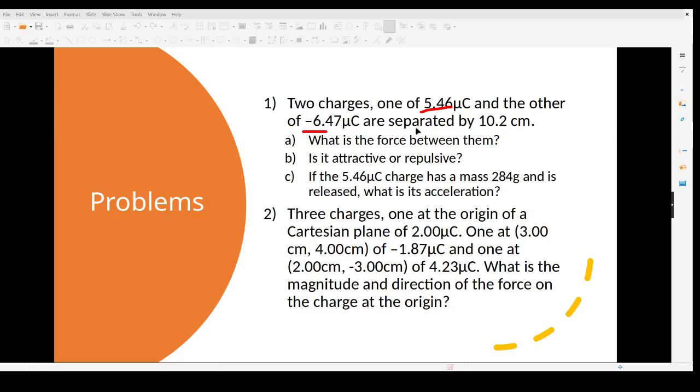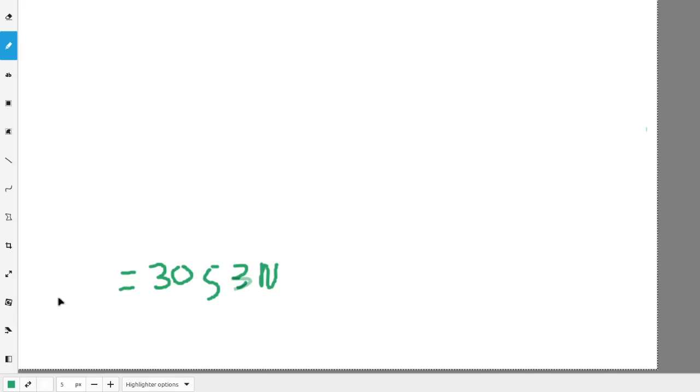Look at part C. If the 5.46 microcoulomb charge has a mass of 284 grams and is released, what's its acceleration? So let's say the one charge gets released and it's going to accelerate towards the other.